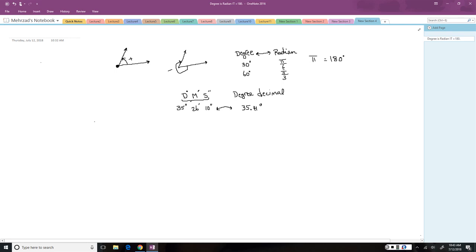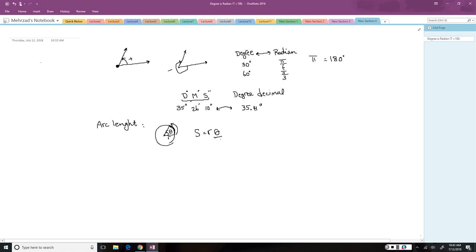Then there is what we call the arc length. If we are working with a circle, then each arc on this circle, you can measure that length, and that length has a formula, which is S equals R times theta, R being the radius of the circle, and theta being the corresponding positive angle that is formed here.